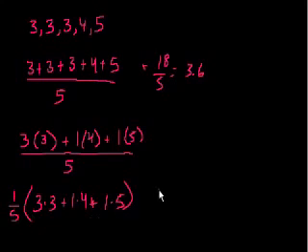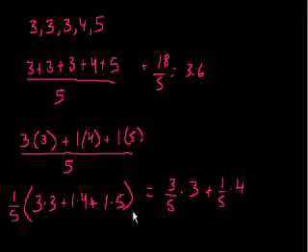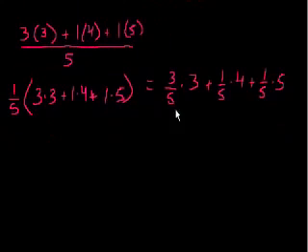And then if we distribute this 1/5, this is equal to 3/5 times 3 plus 1/5 times 4 plus 1/5 times 5. And just so we can see it in a bunch of different ways, let me express these as decimals.